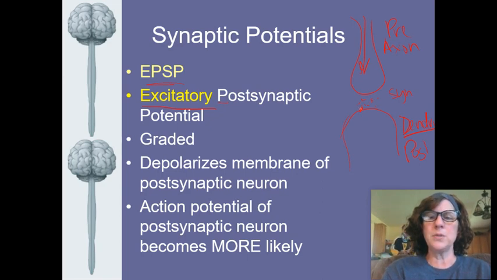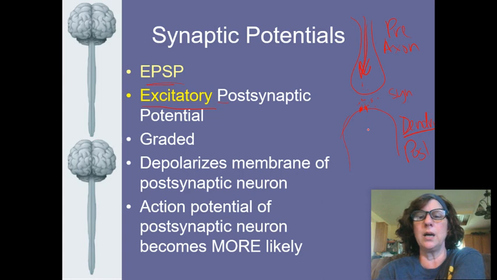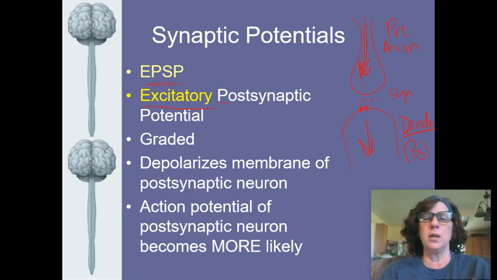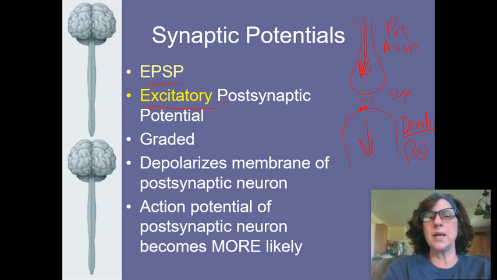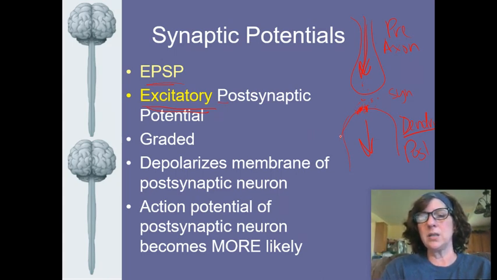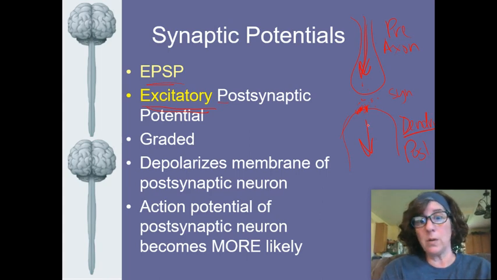So little receptors on little proteins over here are going to regulate, even though that impulse is maybe very strong in the first one, what happens on the other end as to whether that signal gets transmitted or not down that next neuron. So an excitatory postsynaptic potential, once those neurotransmitters reach these over here, excitatory is going to say, yeah, we want this to happen, and it's going to make this response much more likely to occur.